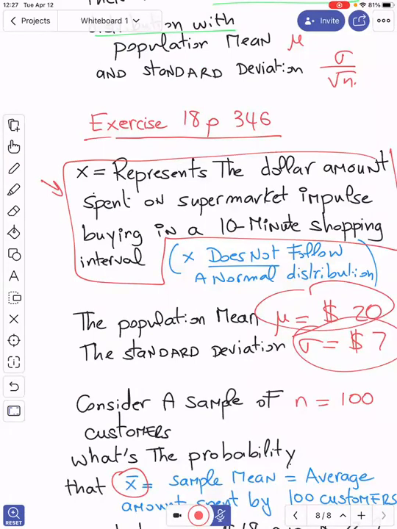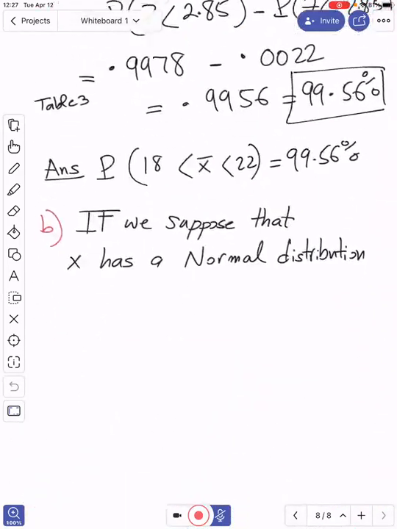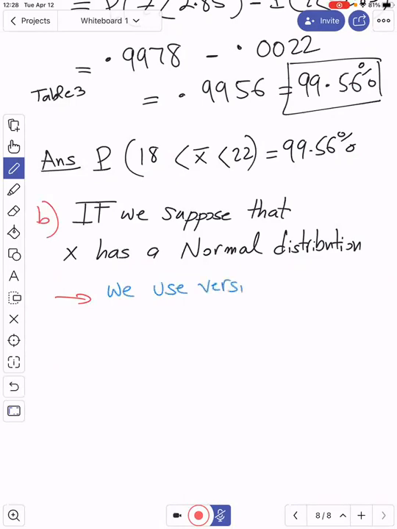So if your X follows a normal distribution, then you're supposed to use the first version of the theorem, right? So then we use version 1 of the theorem.